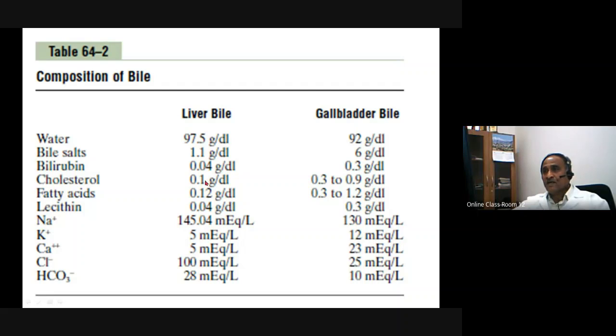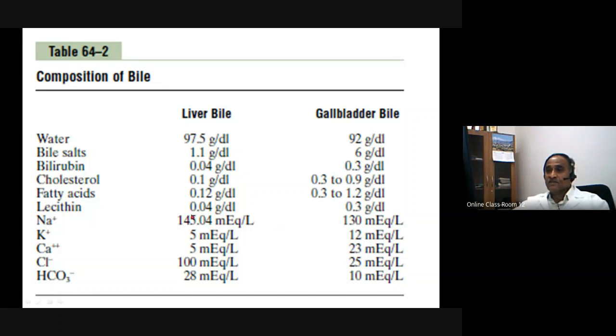Cholesterol, 0.1 gram, becomes 0.3 to 0.9, so it is concentrated by 3-fold. The fatty acids, 0.12 here, become 0.3, concentrated by 2 to 10 times depending upon the secretion. Then lecithin is 0.04, and it is again 8 times.